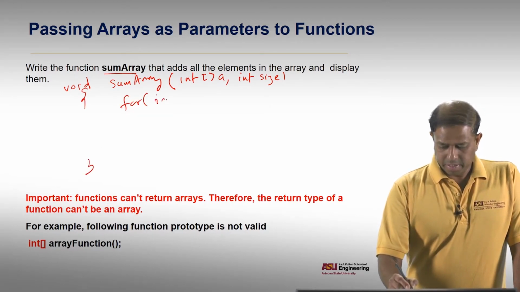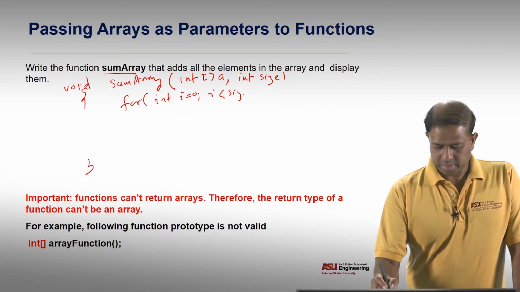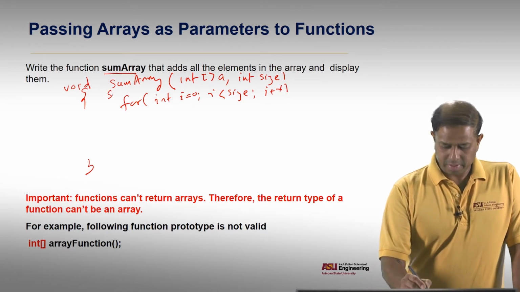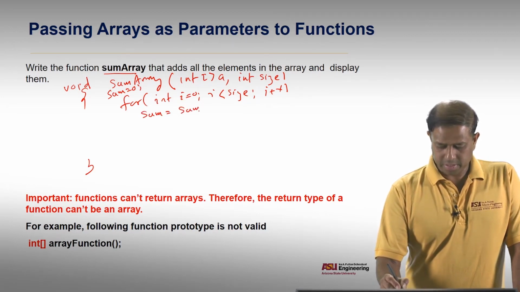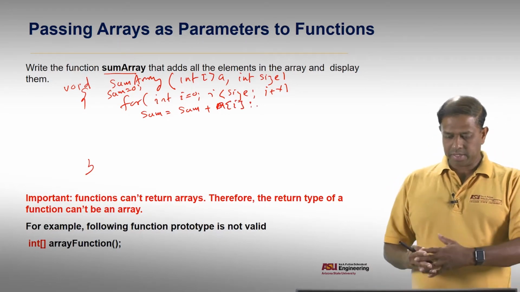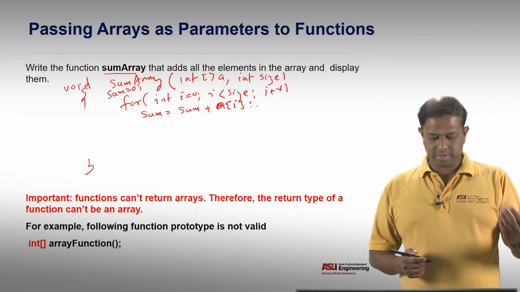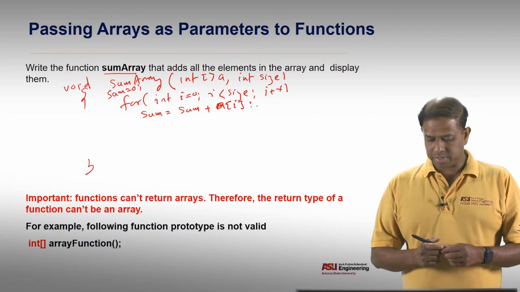Then for int i equals 0, i less than size, i plus plus, and now we need a sum variable initialized to 0, and then you can say sum equals sum plus a[i]. So that essentially runs through the array and adds all the elements into the sum, and finally we'll have the sum, the total of the values stored in the array.